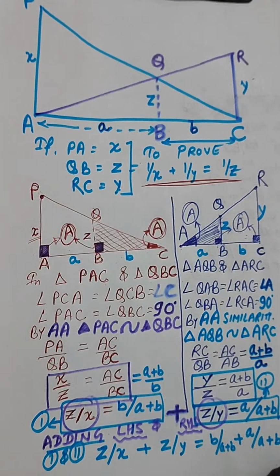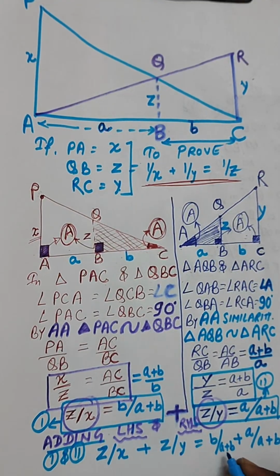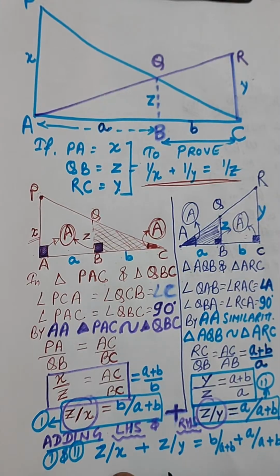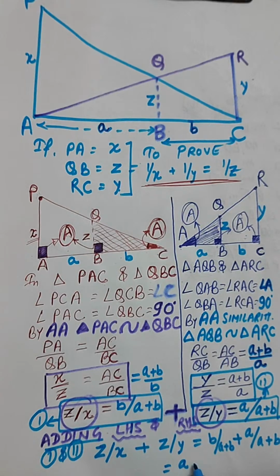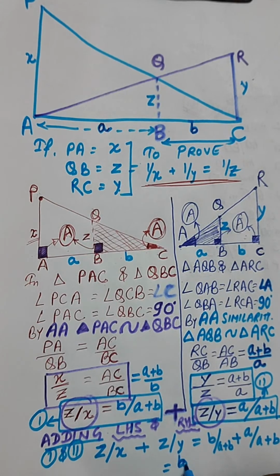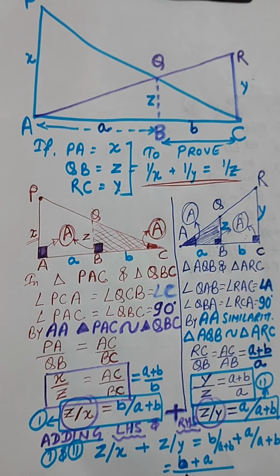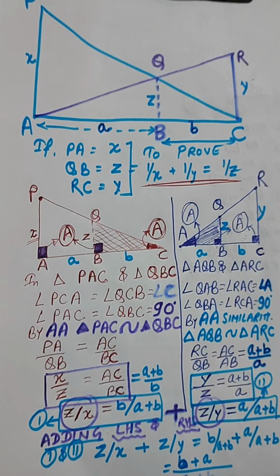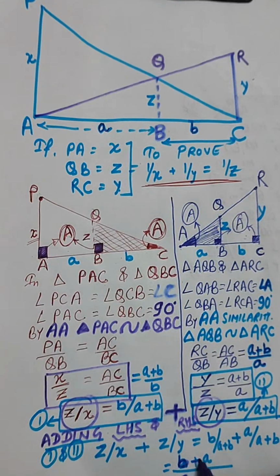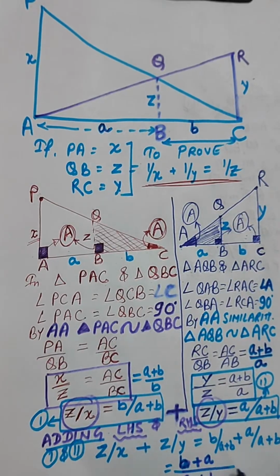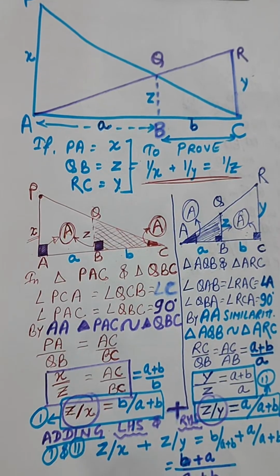Now when you just take the LCM and add, you will see the RHS becomes b plus a divided by a plus b, b plus a divided by a plus b, right?